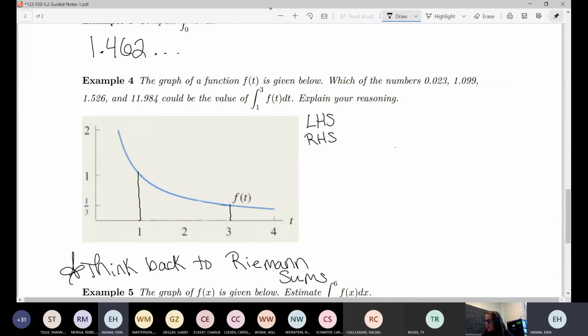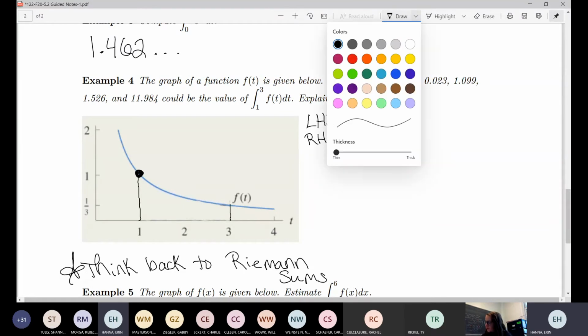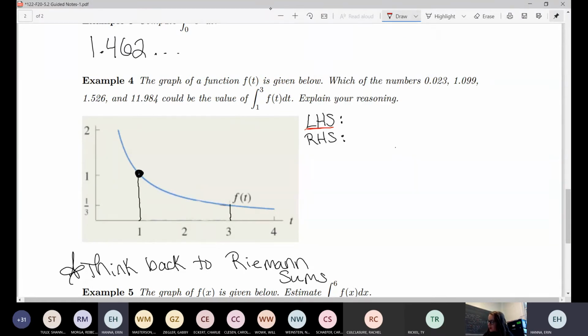Well, if I use the left-hand side, that means I'm using this value right here as the height of my rectangle. Let me actually do it in color. So if we do a left-hand side sum, we're going to get a rectangle that looks like this. Well, it's got a height of 1 and a width of 2.